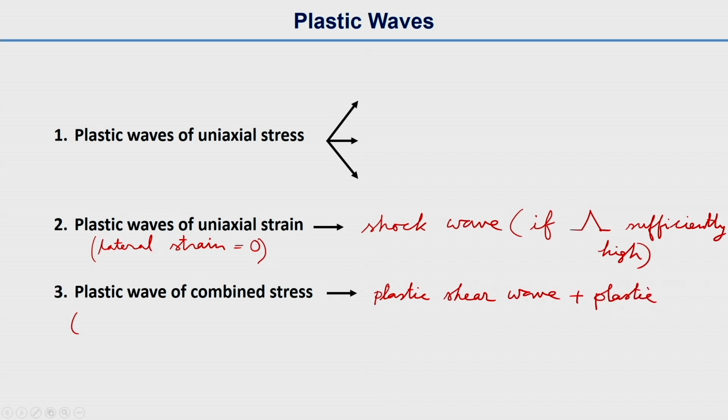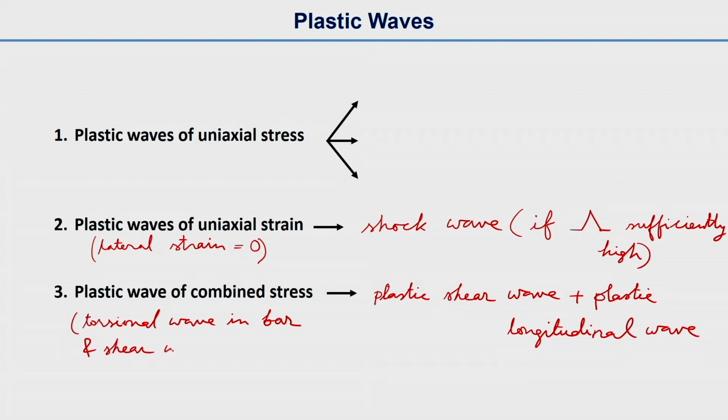Basically in the upper two cases, case number 1 and 2, we mostly focused on longitudinal wave, but in this case we have shear wave as well, that means, let us say, torsional waves in a bar and shear wave in a semi infinite body can also generate plastic waves.